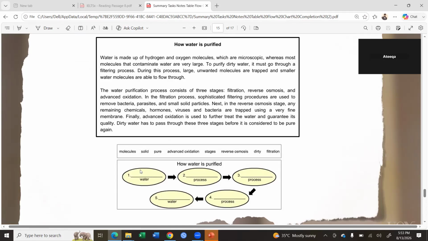So you are actually asked how this whole process takes place. Okay, so can you tell me what will come here in this one, blank one? Read it and tell me. The molecules. Look here, how water is purified.